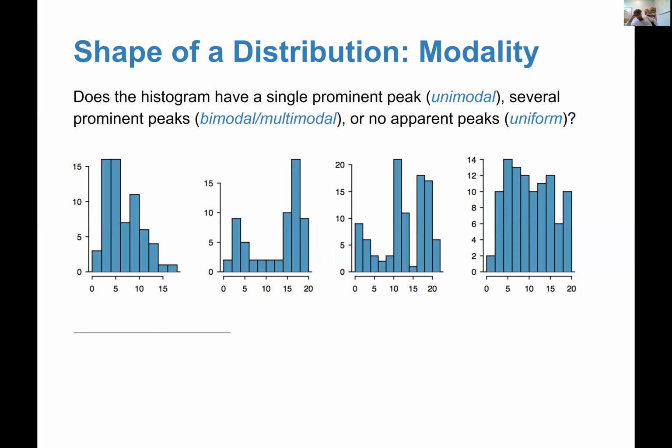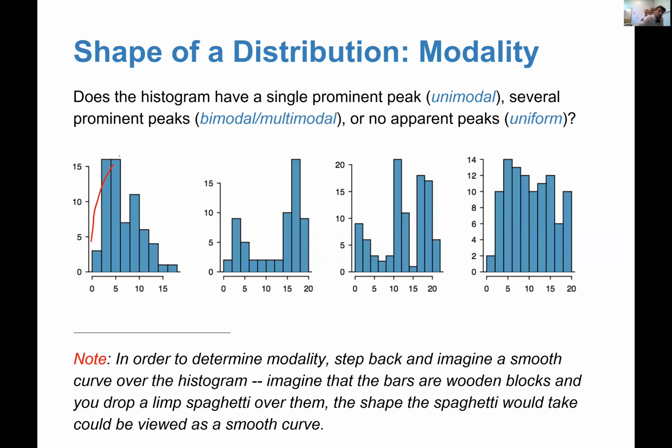So for instance, here the trend is unimodal, whereas the trend here is bimodal, and the trend here is multimodal, and the trend here is mostly uniform. Maybe you can make a case that it's unimodal, but it's closer to being uniform.